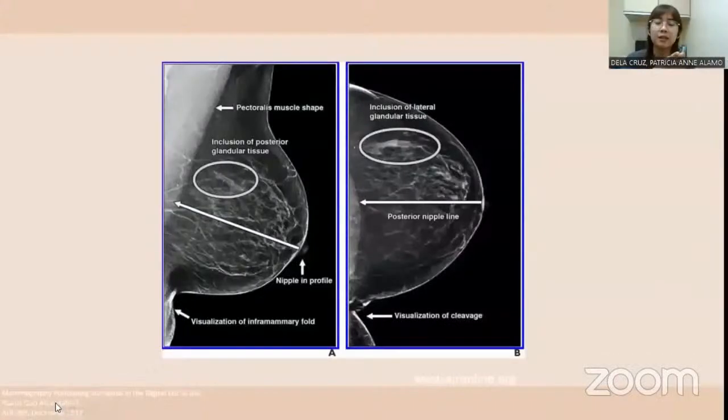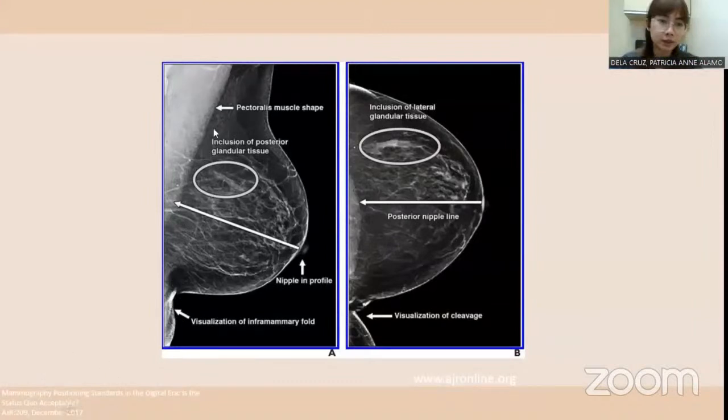So here is an example of images obtained using this. On your left is the medial lateral oblique and on your right is the craniocaudal view. So here we can see that the pectoralis muscle is seen. If the pectoralis muscle is seen, you are sure that you got enough breast, or you can see the posterior part of the breast.